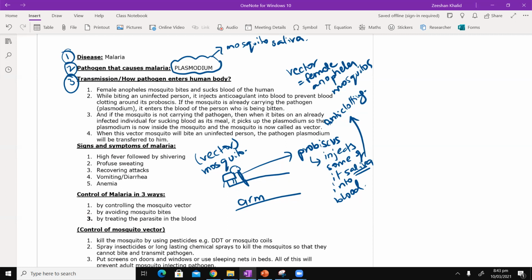If this mosquito is carrying the plasmodium and it sits on a person's arm who is normal, does not have malaria, and the mosquito sucks the blood to feed on blood, the saliva will be injected for the purpose of ensuring for the mosquito that clotting does not happen. But guess what will happen? Since the saliva is being injected, what is being injected with the saliva in the person's blood?